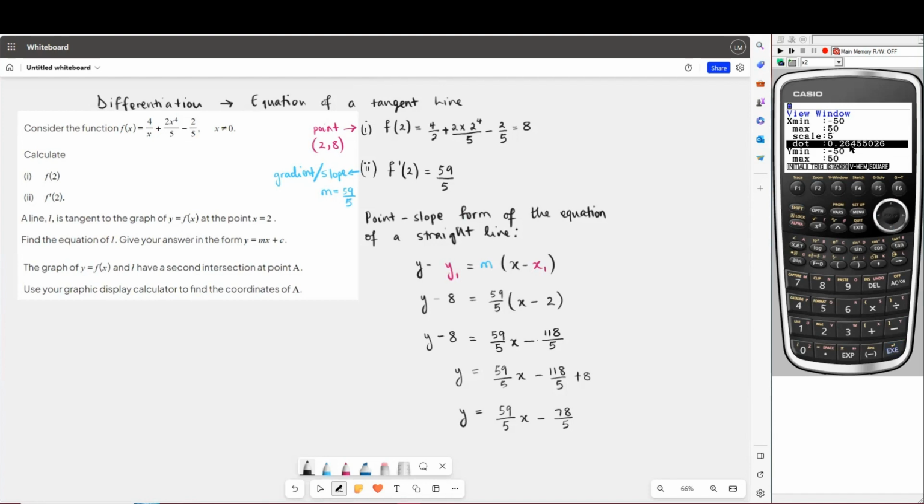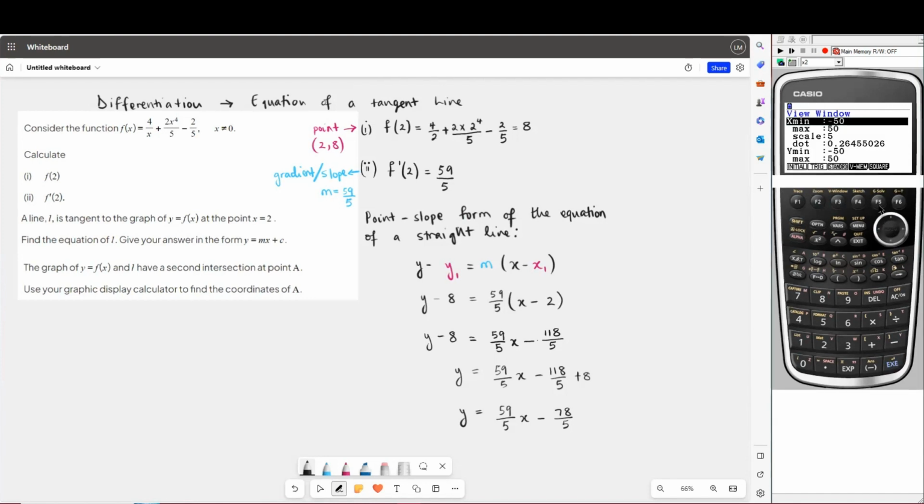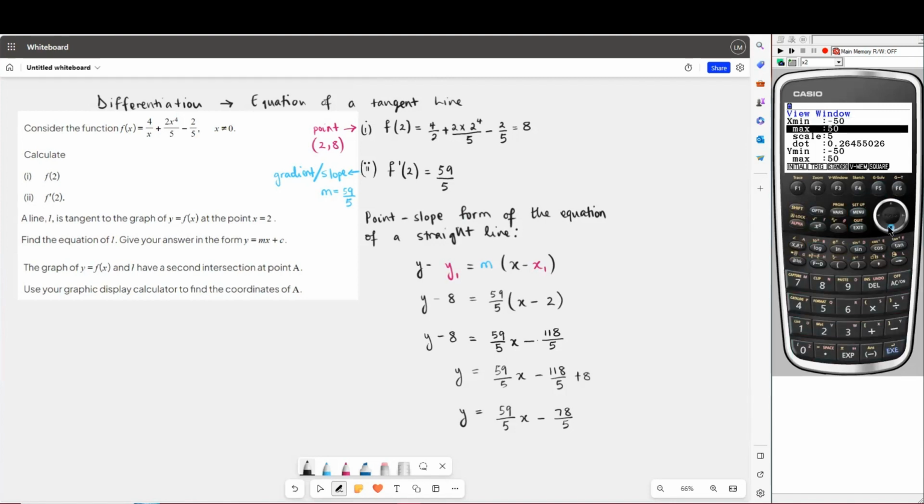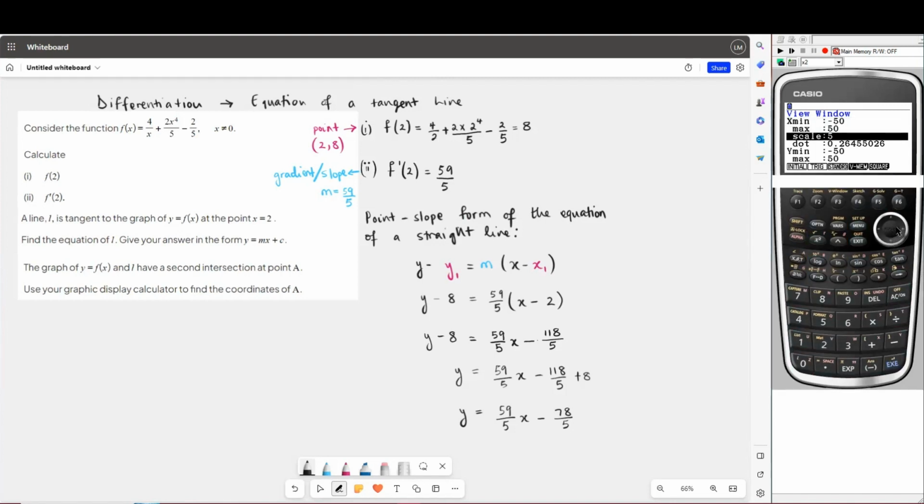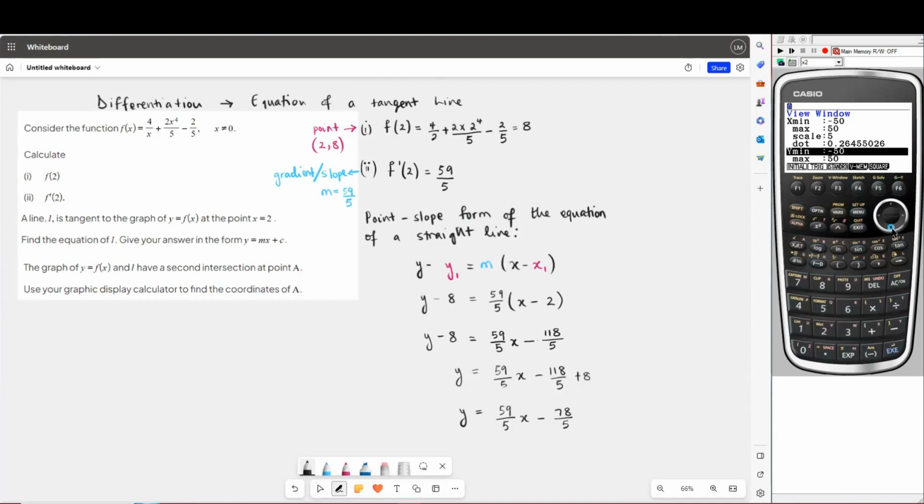Just try and make sure it can show us everything we need to see. Okay, that's a bit better. I'm going to count the y's in 5 as well. The scale should be 5. Okay, that should do it.